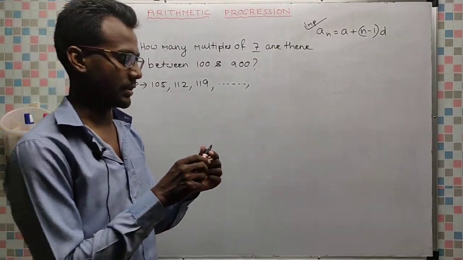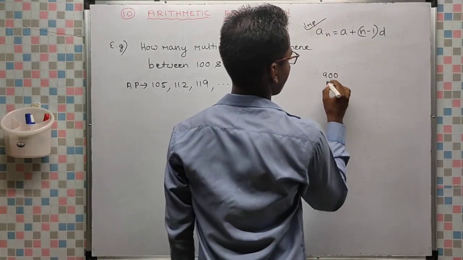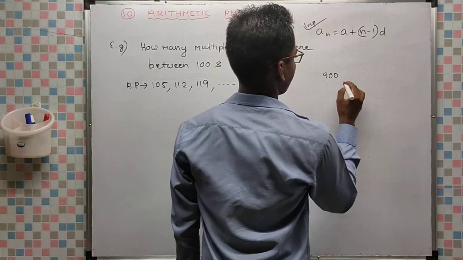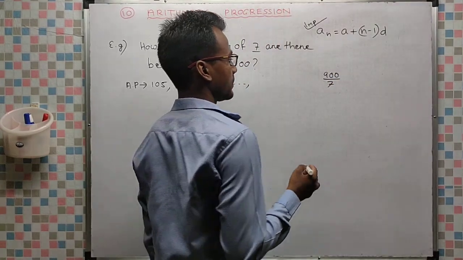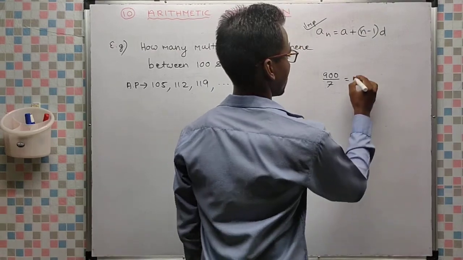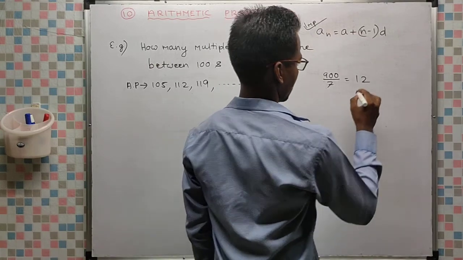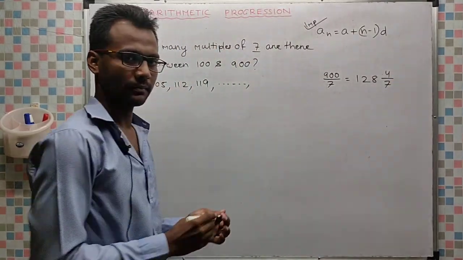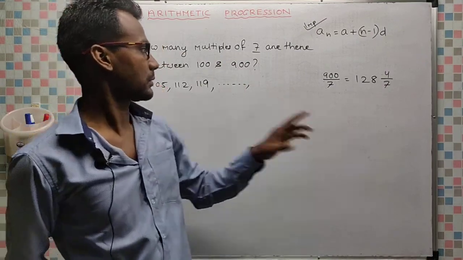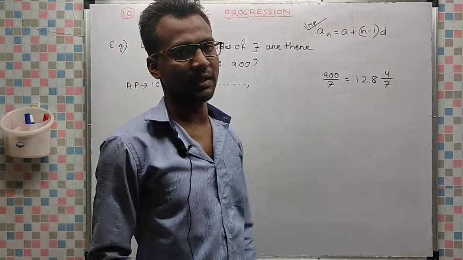Let us divide 900 by 7, converting into a mixed fraction: 900 by 7 is equal to 128 whole 4 by 7.